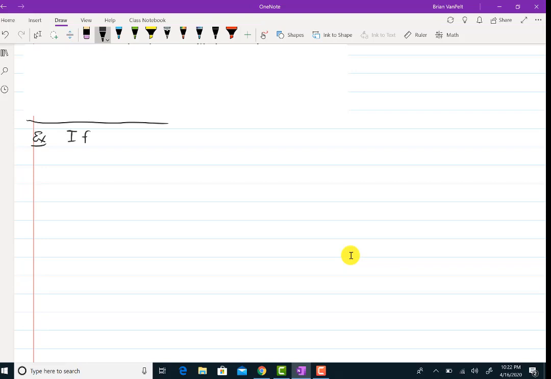If U is a square matrix with orthonormal columns, then U is invertible.